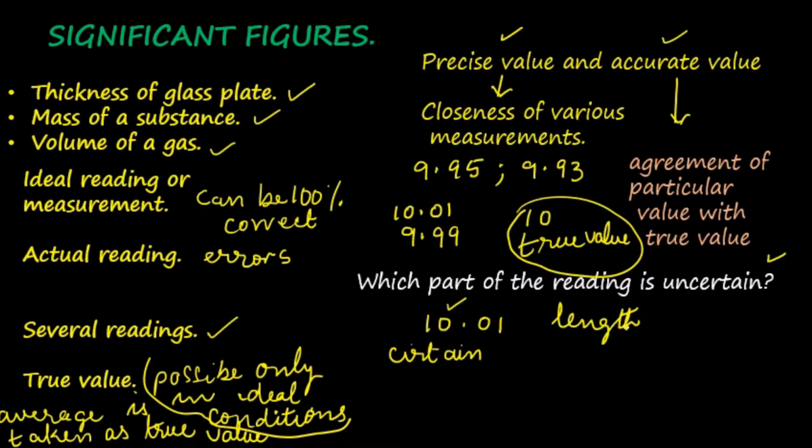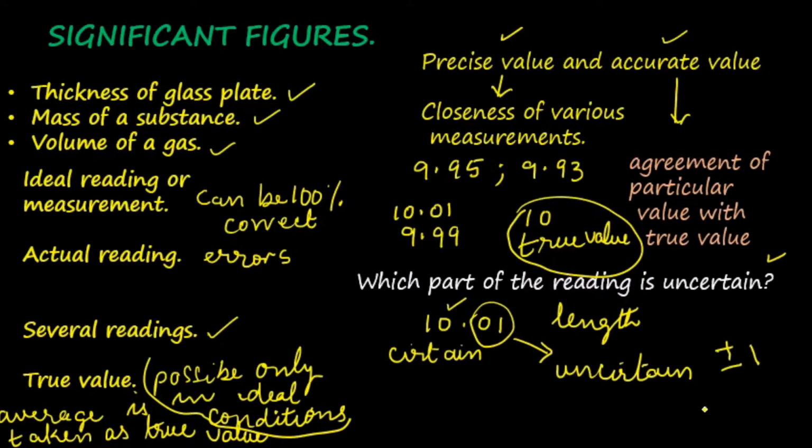The first part of the reading, 10, we may not go wrong while taking that reading. But when we take the reading 0.01, we might have gone wrong. It may be 0.00 or it may be 0.02. So this part of the reading is uncertain, and the uncertainty is in the last digit. It may be plus or minus 1.